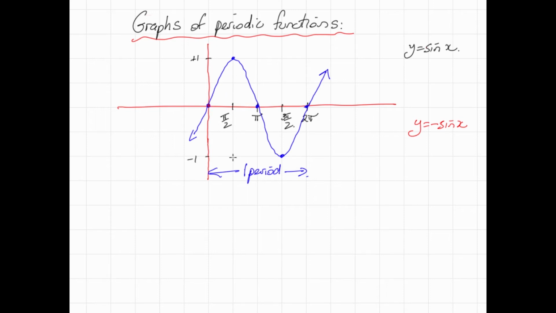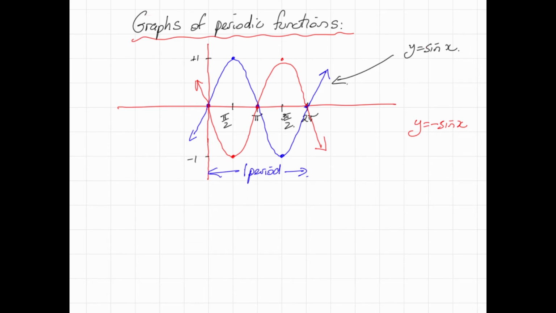The reflection would put that point down to there, up to there, up to there, and back to there, and so on, continues off. So y equals minus sine x in red, and y equals positive sine x is in blue there. So that's the effect of putting that negative in front of the sine. It still has the same period, it still repeats itself over the same amount of time.